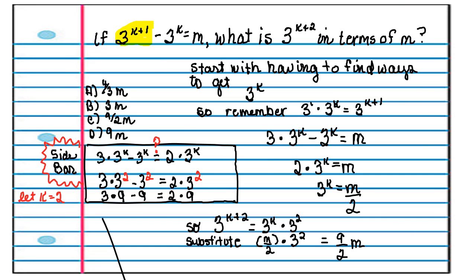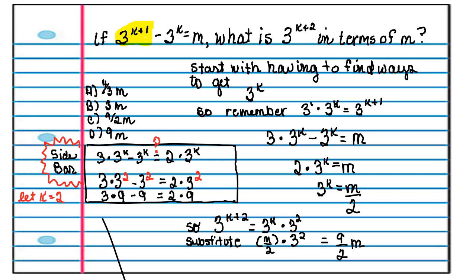Okay, the problem we hate, which I really still don't have an answer to, and I'm just going to put it in here. And when I find the answer to it, then I'll be able to revise the audio. But if 3^(k+1) minus 3^k equals m, what is 3^(k+2) in terms of m? So first thing we have to ask is, what does it mean in terms of m?